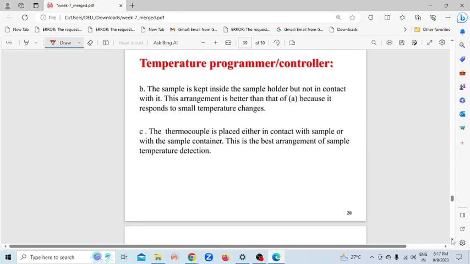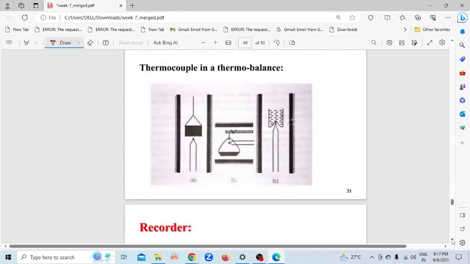It is written here. There are three techniques. This is the thermocouple. In one, you put your thermocouple just below the sample. Another technique is placing the thermocouple just at the top of the sample, and in the third, the thermocouple is just touching the sample.